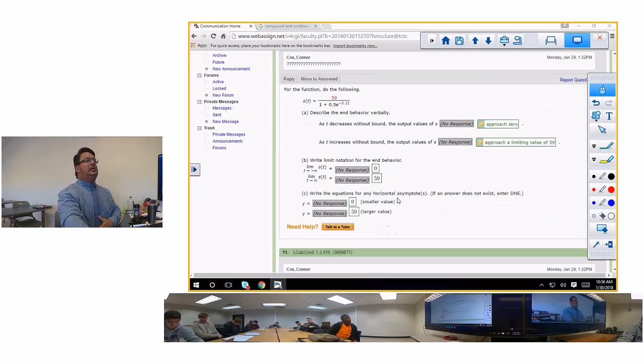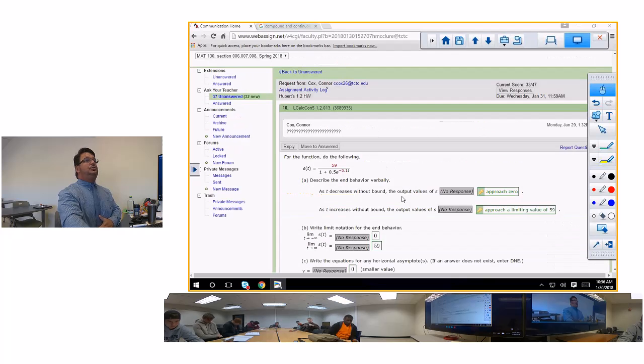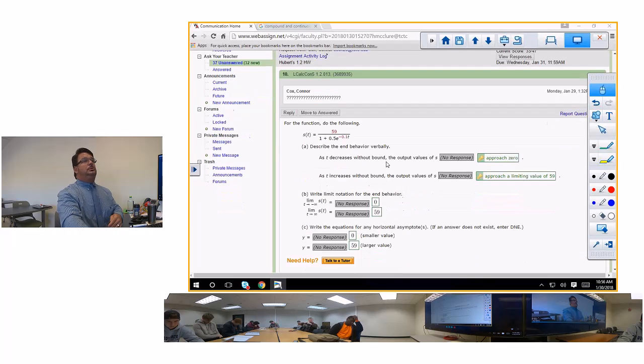I have no idea what it looks like, but you should be able to answer those questions after you put it in. Okay? And you need to use the trace button. The trace button will tell you what you're approaching as you're moving toward negative infinity, as you're coming from positive infinity.